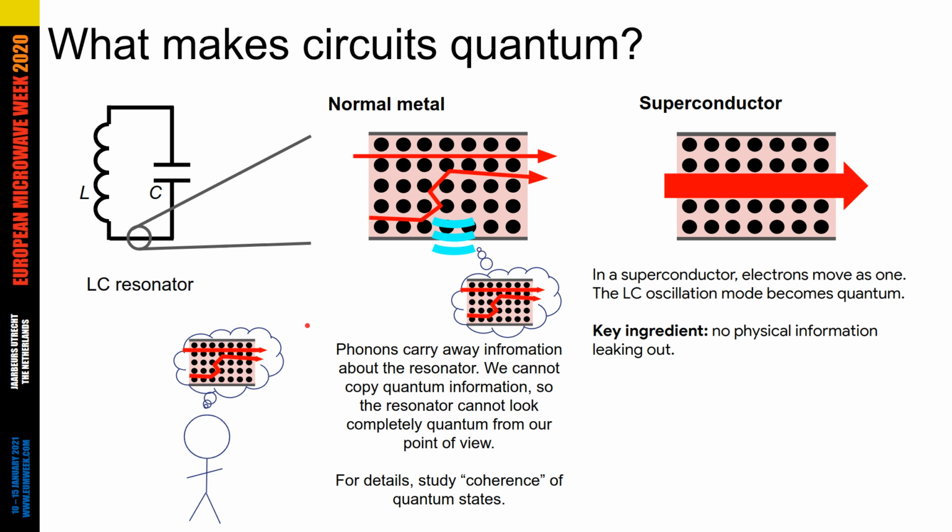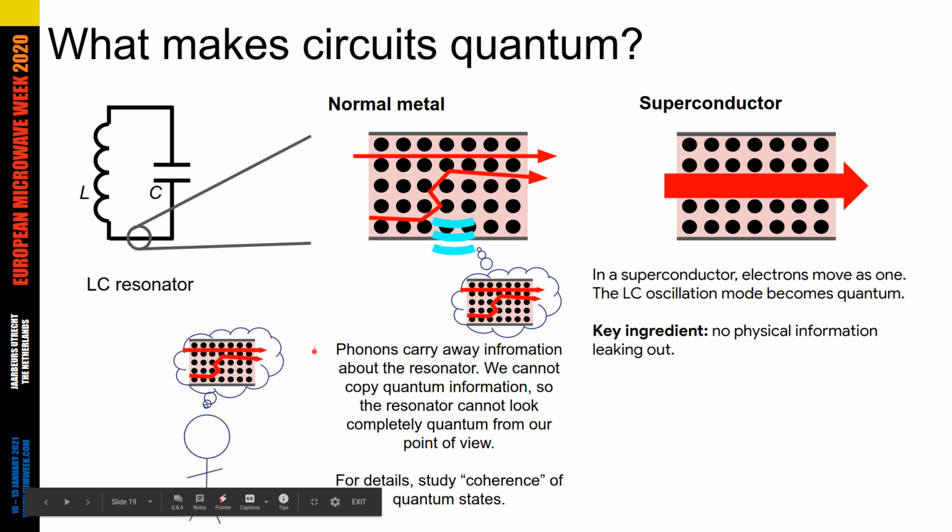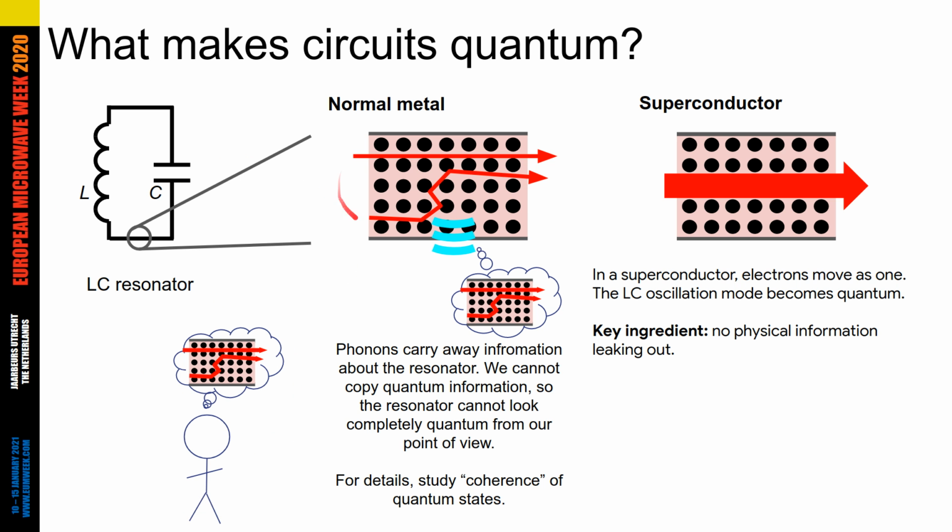And it's no longer available to others. For example, if we're doing an experiment with this LC resonator, some of the information has been gone and is not available to us. That means that as long as we have this phonon scattering, we will not be able to observe the quantum behavior of this resonator.